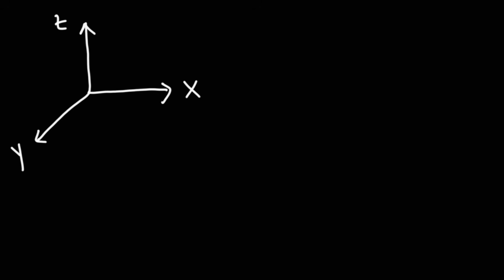But what about if we have a 3D vector? So let's go back to our 3D coordinate system, where this is x, y, and z. So let's say we have the vector v over here. So this vector has 3 components instead of 2.